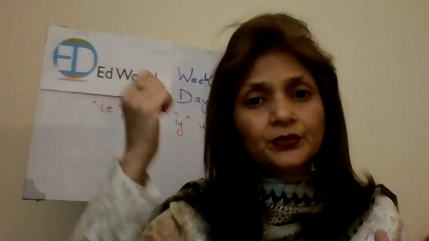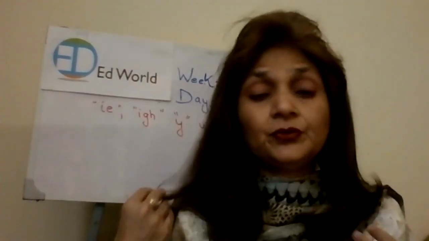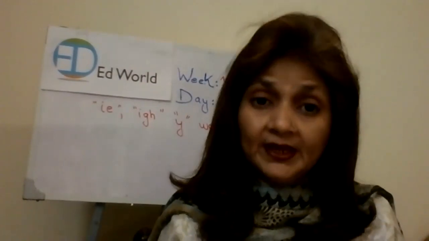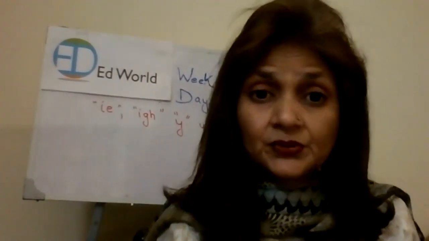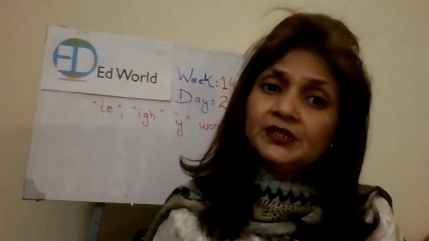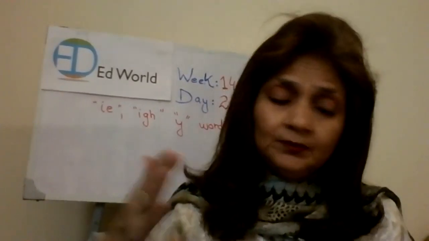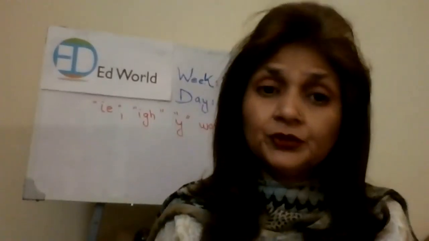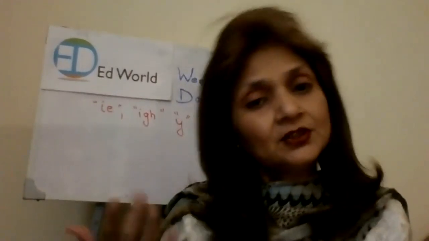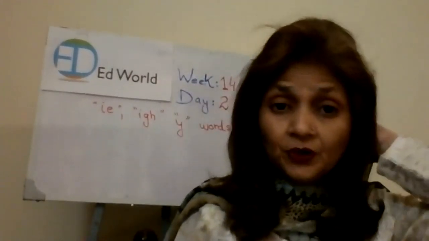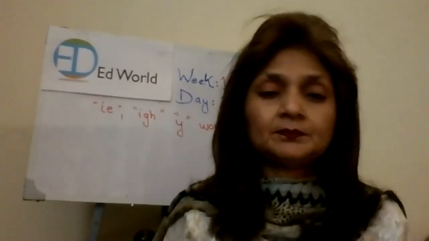Your hands are growing, your hair is growing, your legs are growing, right? Your whole body is growing, your feet are growing, you will have different sizes of shoes. As you are growing, your shoe size will change, your dress size will change, right? So this is all part of your growing up, right?